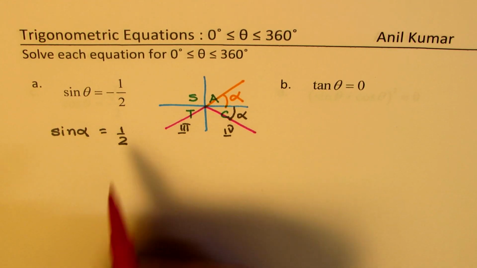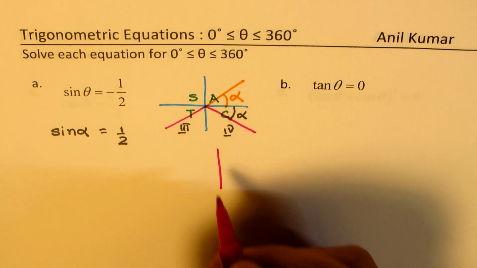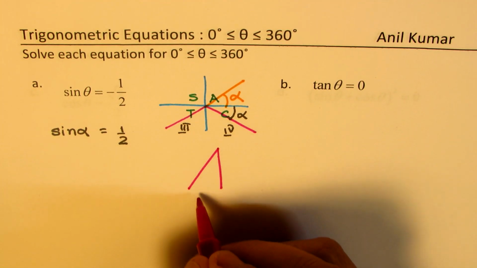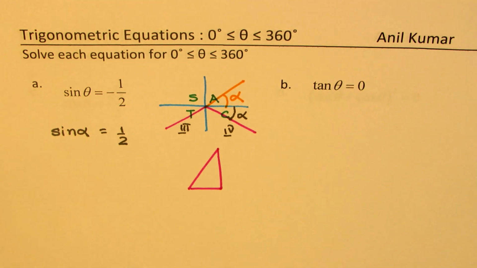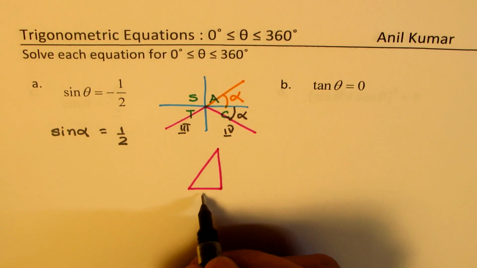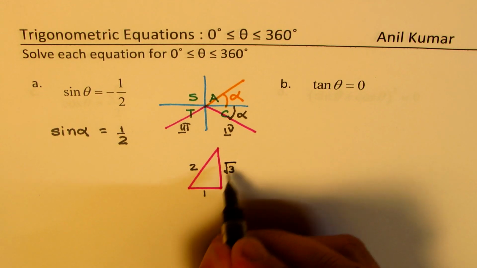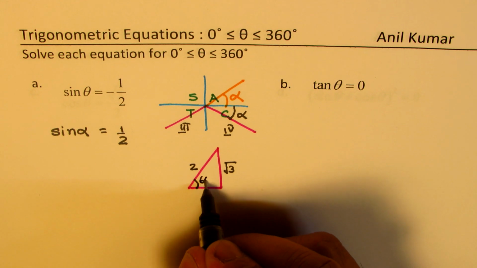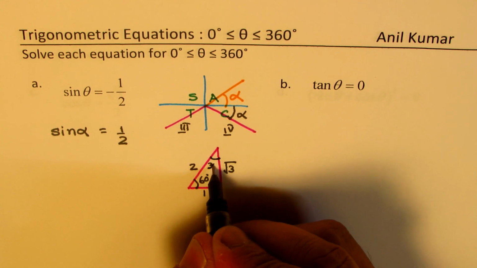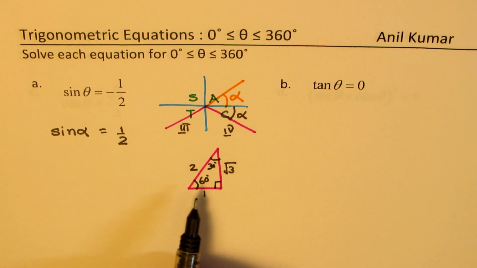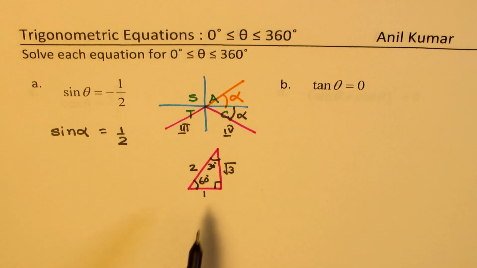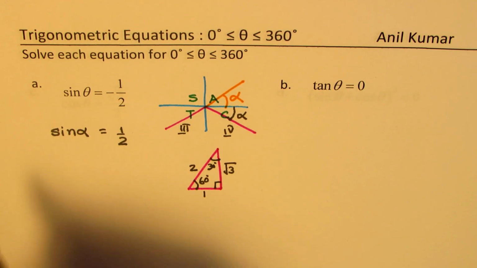Now, we can use special triangles to answer this particular question. Now these are few important things to always remember. Special triangles, right? So we know the sides of a special triangle are 1, 2, square root 3, where the angles are 30, 60, 90 degrees, right? So from this special triangle, we can find what alpha should be.